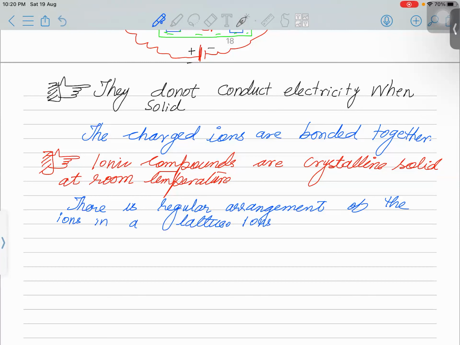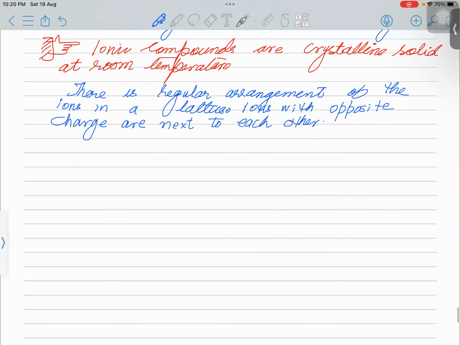So ions with opposite charge are next to each other. So what is the meaning of the lattice? Now look at what is crystal lattice, right?